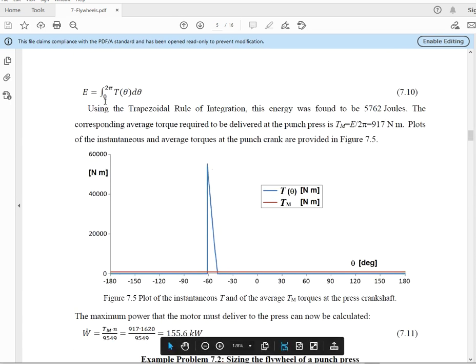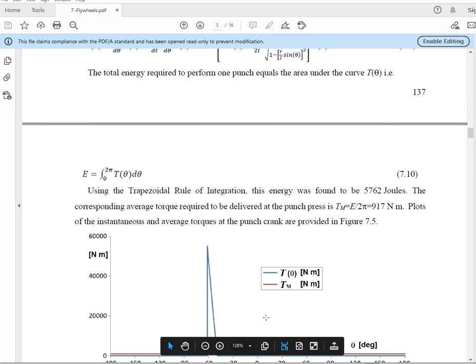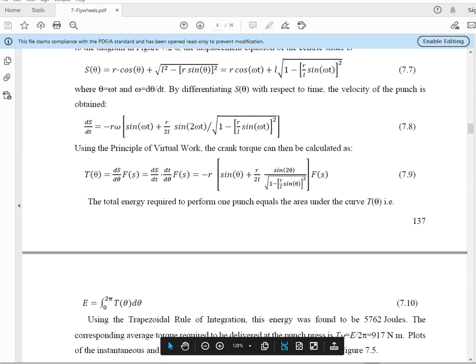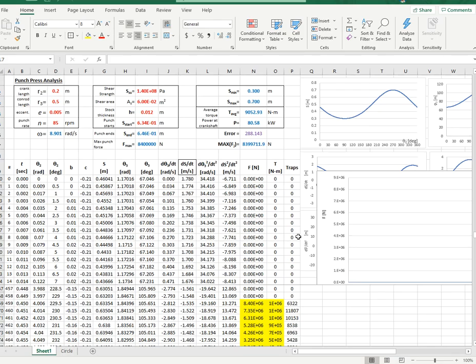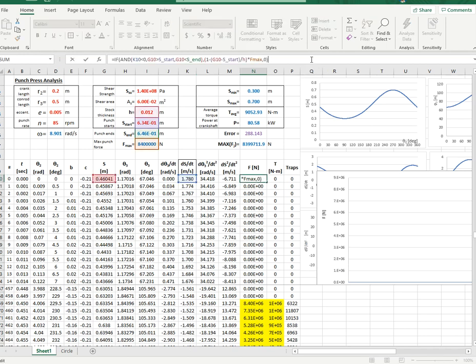And then use trapezoids to find the area under the curve. And then you divide the sum of trapezoids by the duration of the cycle. It's 2 pi, and that will give you the average torque. Okay, so let's go back to the spreadsheet.